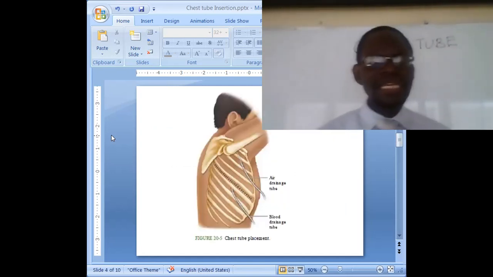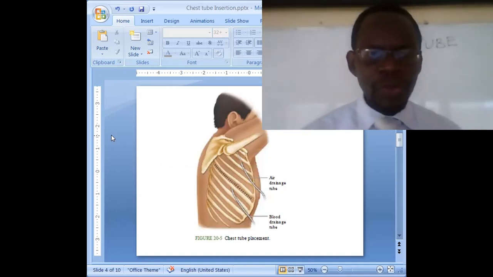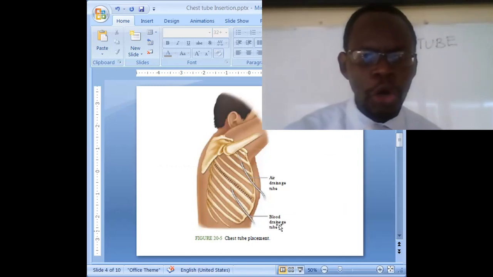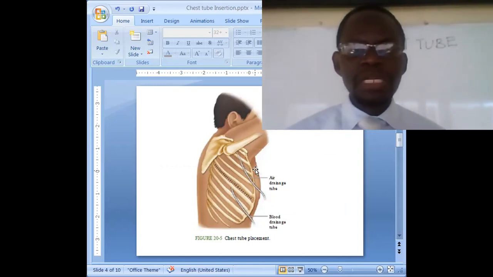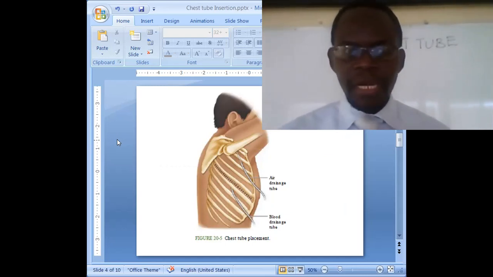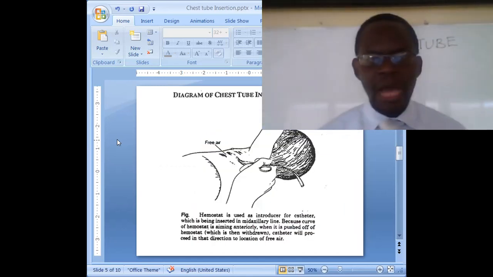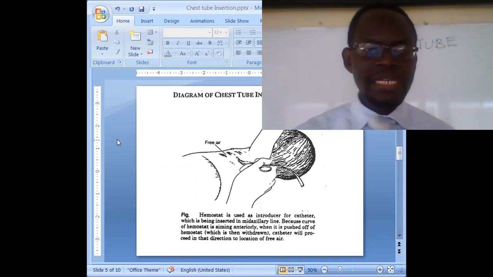And as you can see, if it is fluid, we usually insert it a little bit lower, and if it is air, the chest tube is inserted a little bit higher, because the fluid pushes down by gravity.